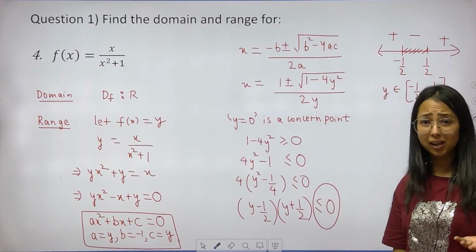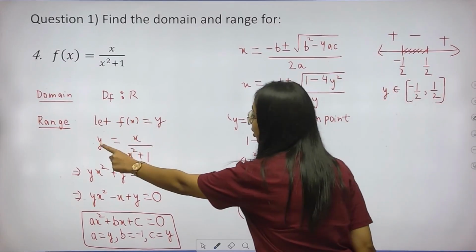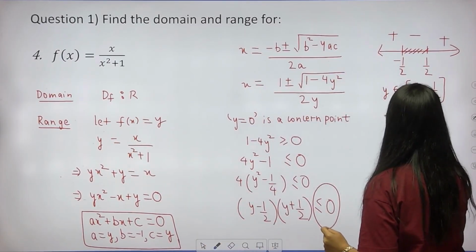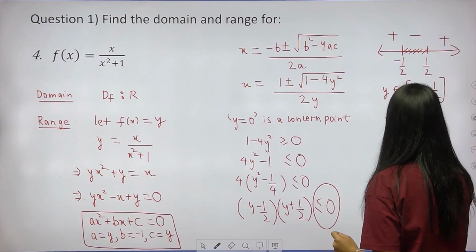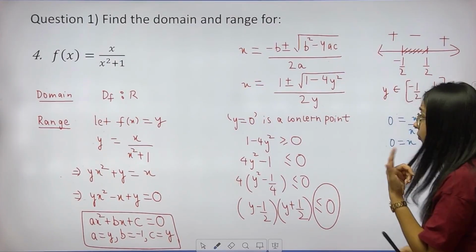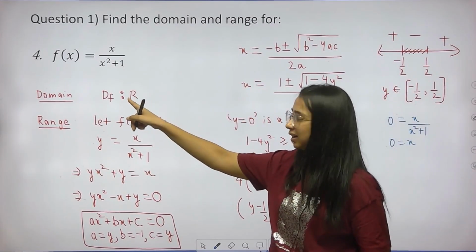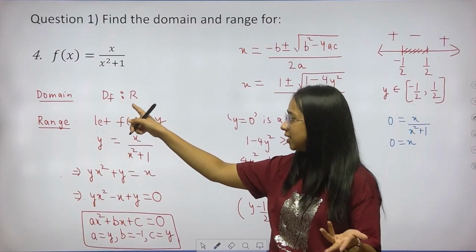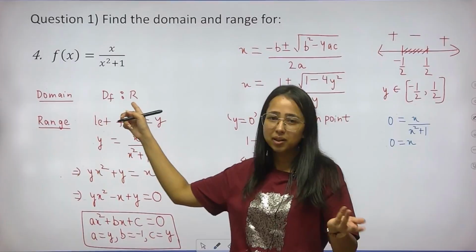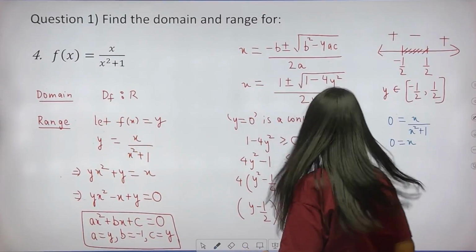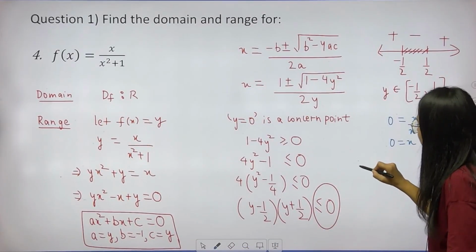So for checking that, we'll put y as 0. So y is equal to x over x square plus 1, so 0 will be equal to x. Let's check, is x equal to 0 possible or not? Yes, it is definitely possible because x is basically all the real numbers. So 0 is no more a point of concern.